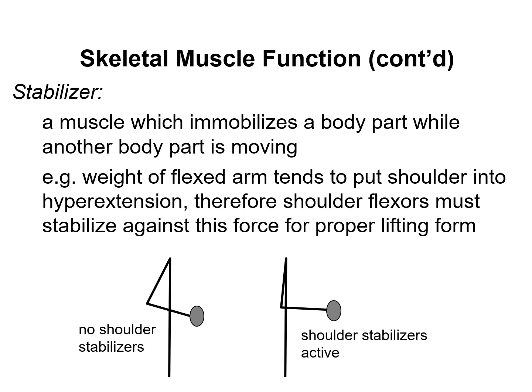So if we're looking at this figure here, the weight of a flexed arm tends to put the shoulder into hyperextension. This would make arm flexion more inefficient, okay? And it could lead to a greater risk of injury. Therefore, the shoulder flexors must stabilize against this force for proper lifting form.